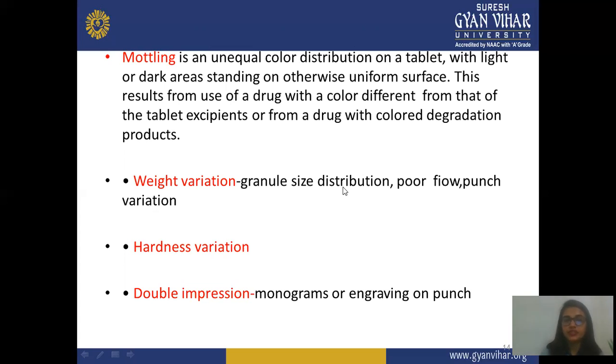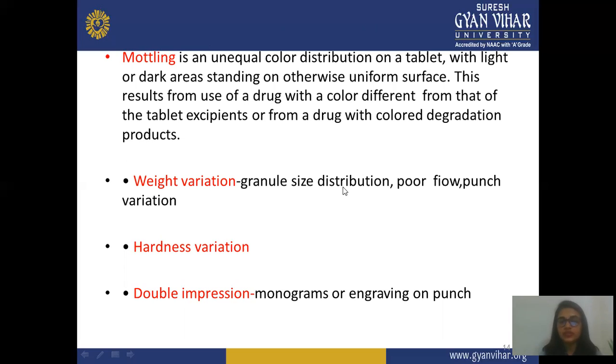Next is weight variation. Weight variation itself indicates that there may be a problem in the weight, or a variation between the batch weights of a particular tablet. Some tablets may show more weight, or some tablets may show less weight than required. Mainly this problem occurs due to granules, or due to poor quality of the granules.